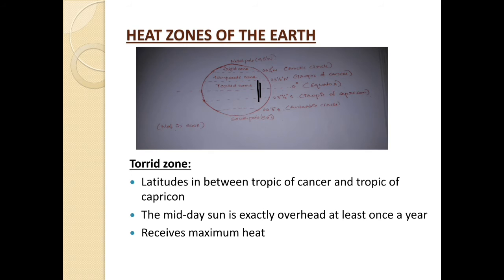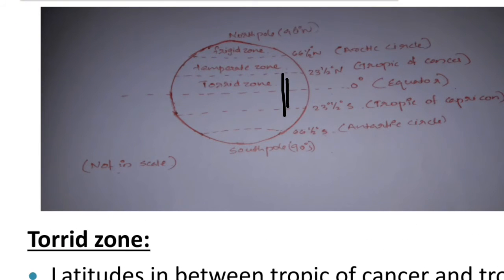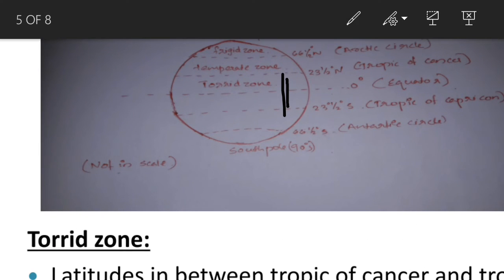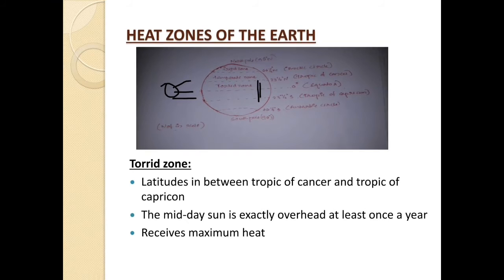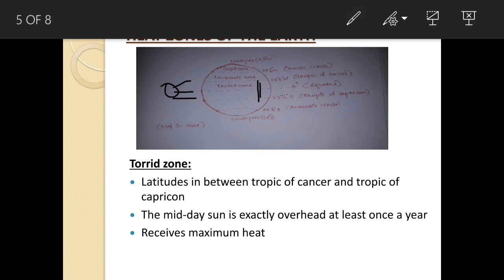Here, the midday sun is exactly overhead at least once a year and receives maximum heat. The sun rays directly fall on these areas without slanting, so these areas receive maximum heat.